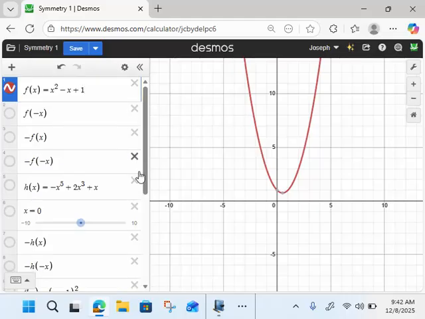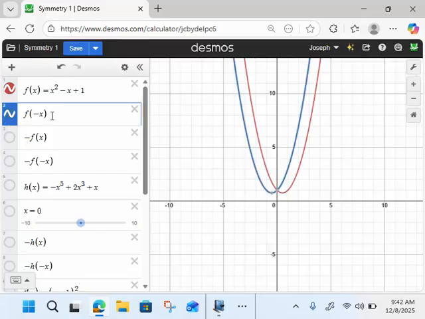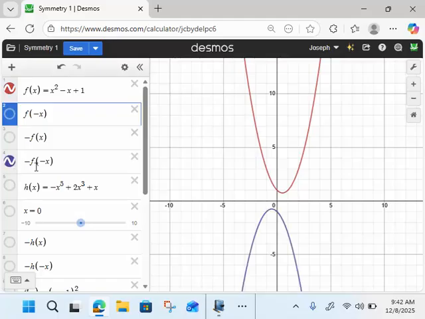Or is it neither? Well, if you type it in like this, actually type in f of x, right? Then you can just type in this guy. So is this the same as the original function? No, it's not. So it's not even. Okay? And then you'd be like, okay, well, what about odd? Well, is this the same as the original function?